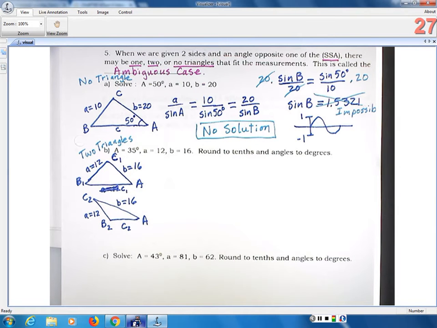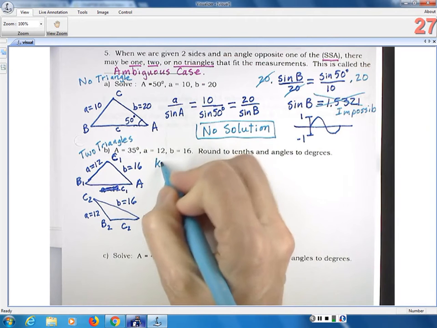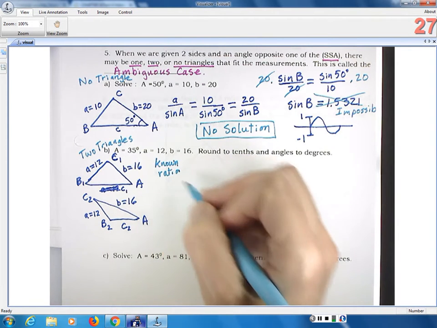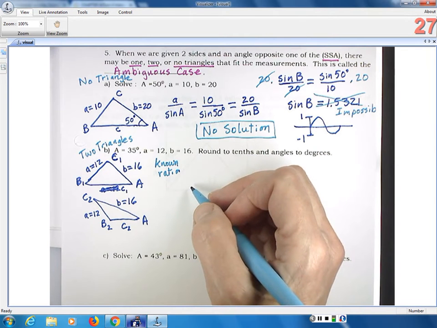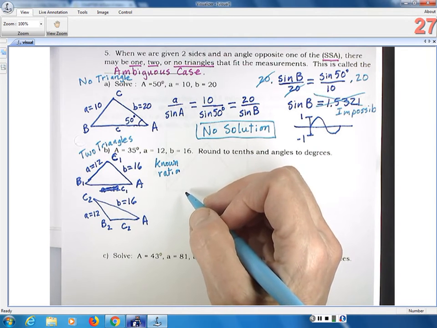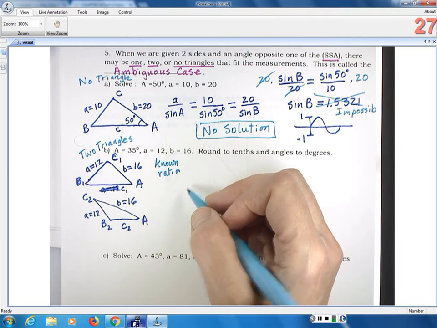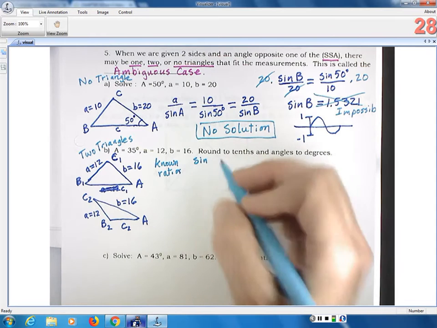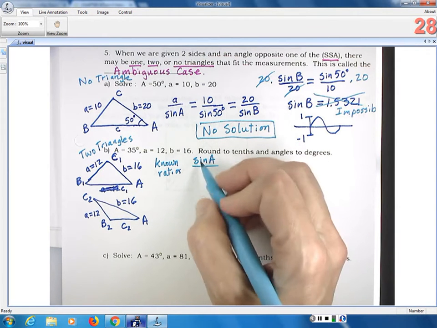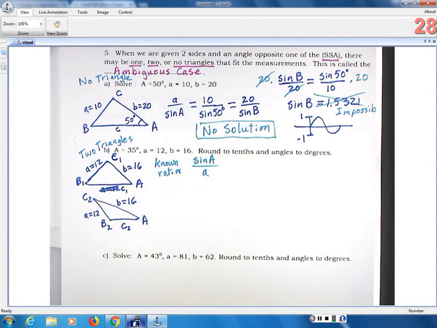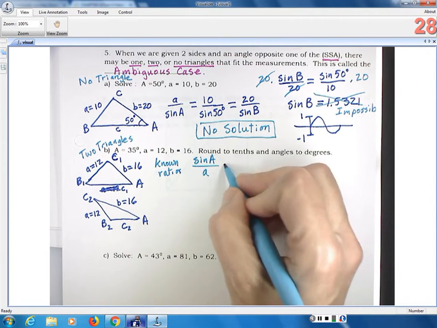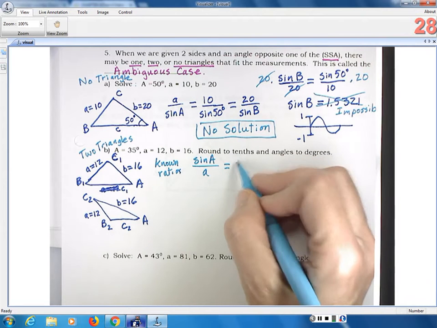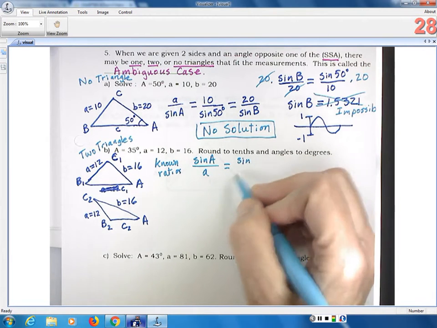We have to have a known ratio to use law of sine. And we're going to be looking for an angle here, so the known ratio is sine A over A. That's going to equal sine of 43, no, A is 35.